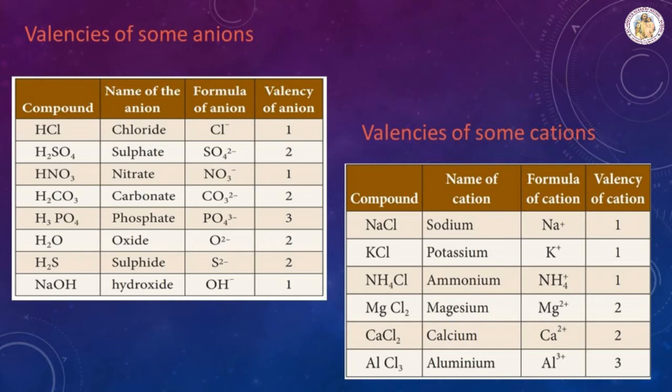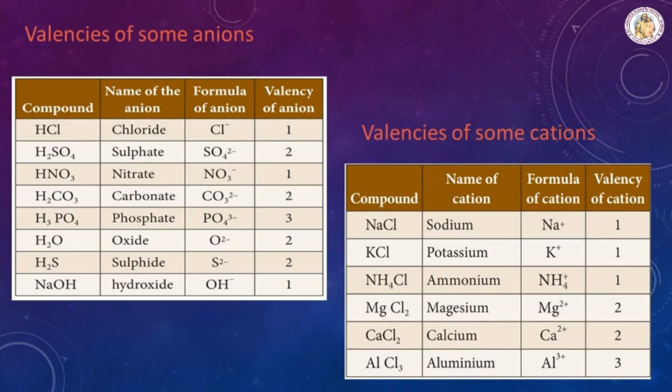The first compound, sodium chloride, the name of the cation is sodium, the formula of the cation is Na plus, and the valency of the cation is 1 because it combines with only one chlorine atom. Next, potassium chloride.